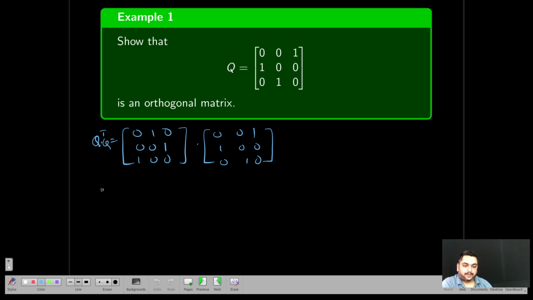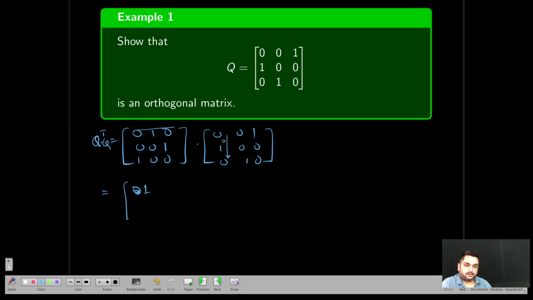So if you multiply, it is 0, 1, 0 into 0, 1, 0. So I will get 0 for this row and this column. Okay, so 0, then 1 plus 1... so it is 1.